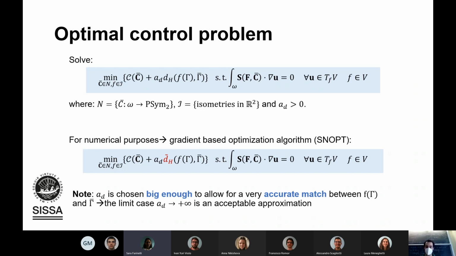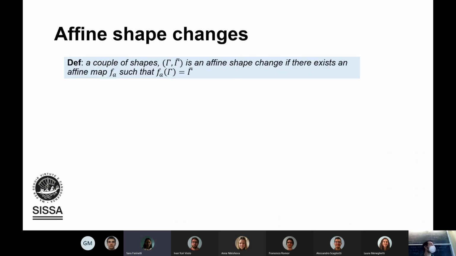What is this special case? We need to consider a restricted family of shape changes, which we call affine shape changes. Given two shapes, gamma and gamma bar, we say that they define an affine shape change if there exists an affine map such that this map transforms one shape into the other.